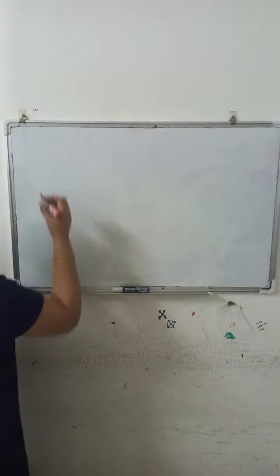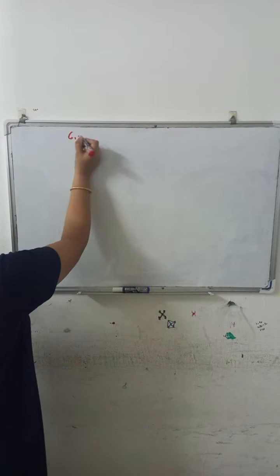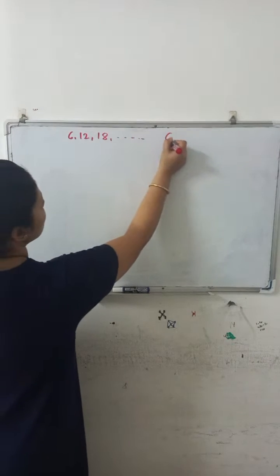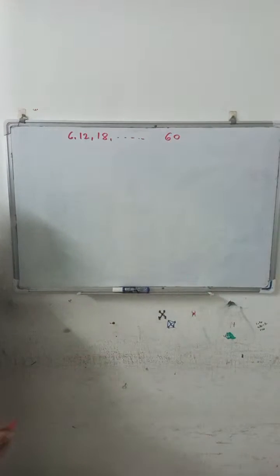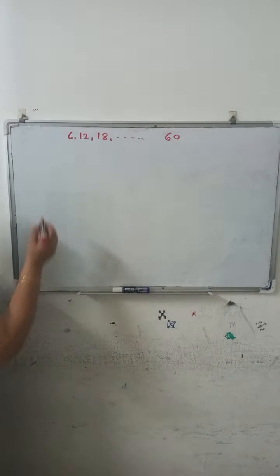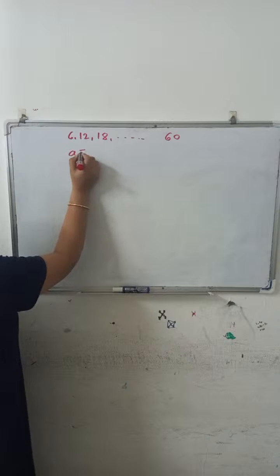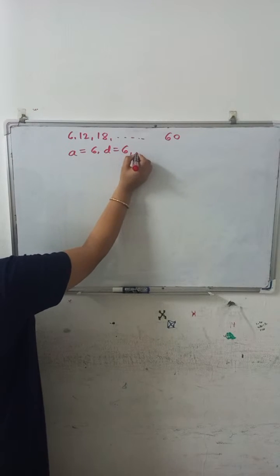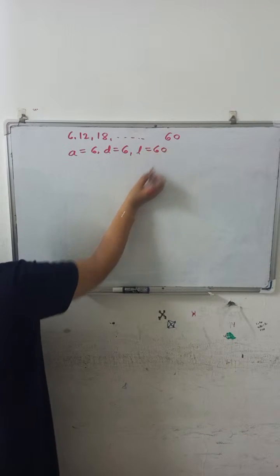The first 10 multiples of 6 are 6, 12 and so on, and the last term is 60 because they are saying 10 multiples. So here a is 6, d is 6, and the last term is 60.